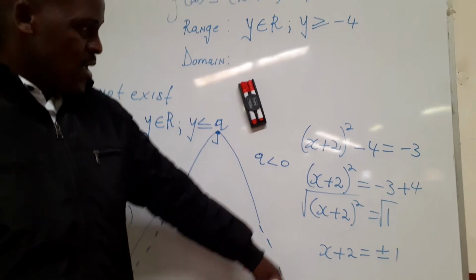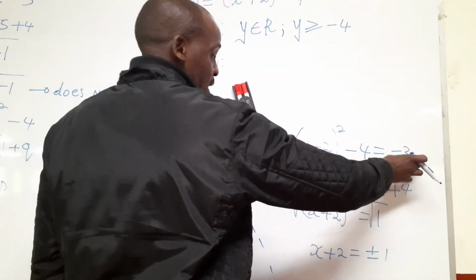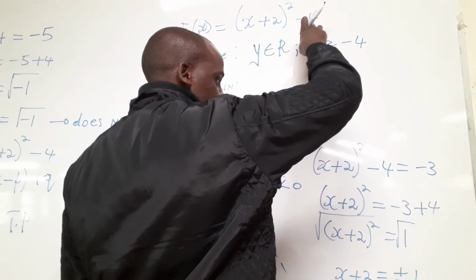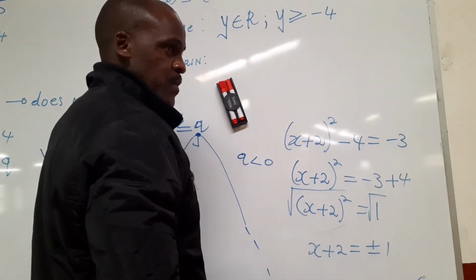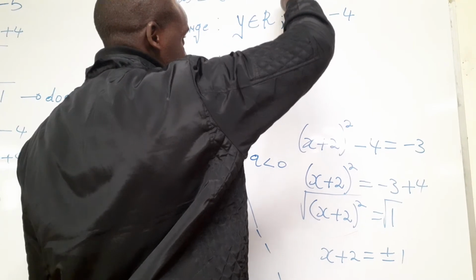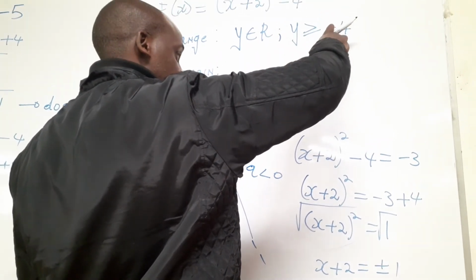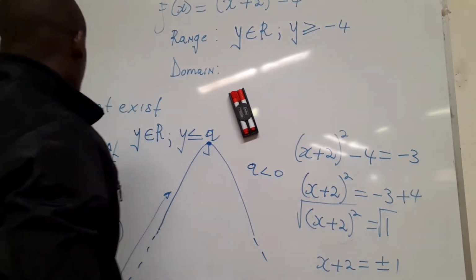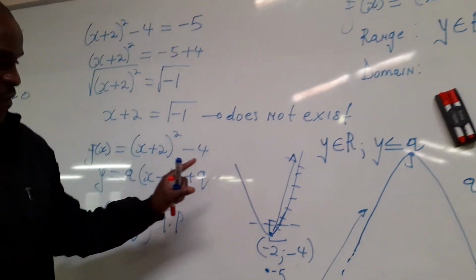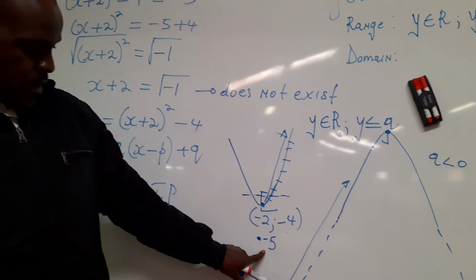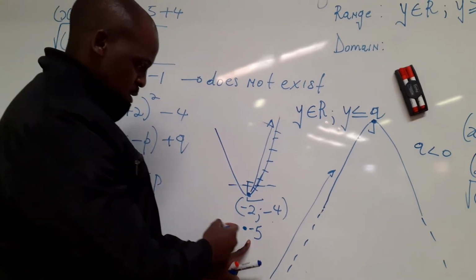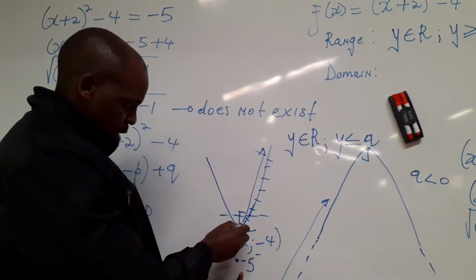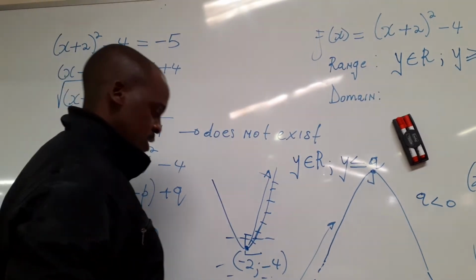Which means if our y is greater than or equal to that value at the turning point, it will exist. But once it is less than that, once it is negative 5, it won't exist. This graph is not here. It only exists from negative 4 upward.